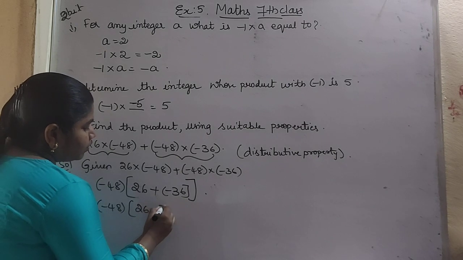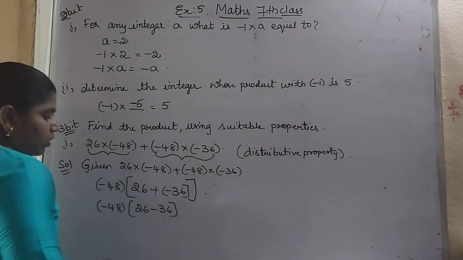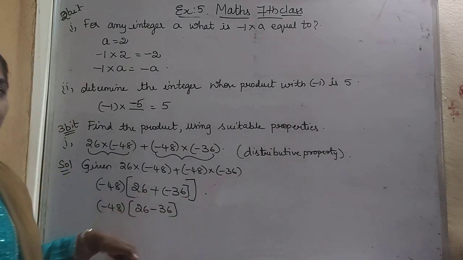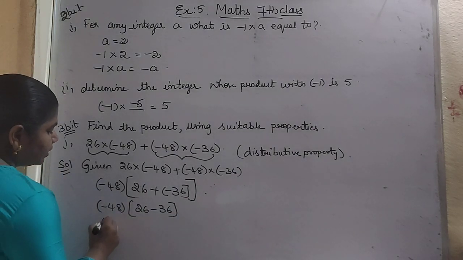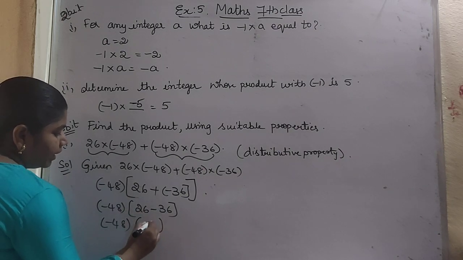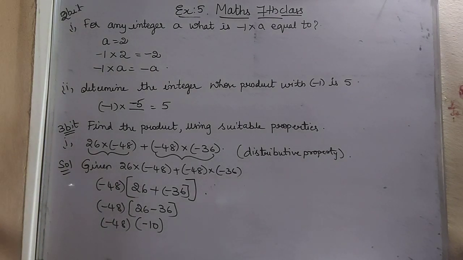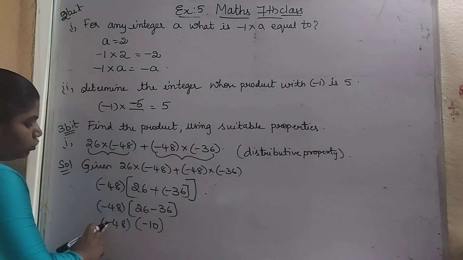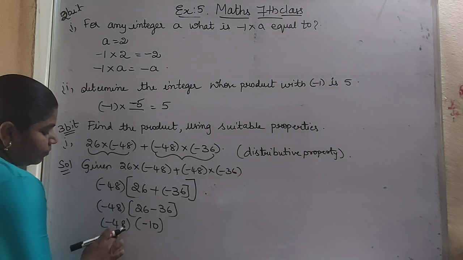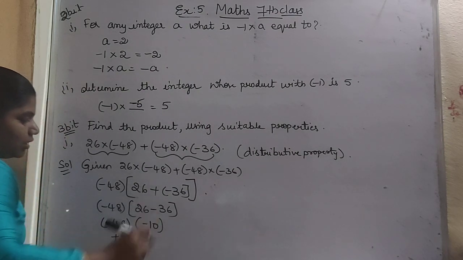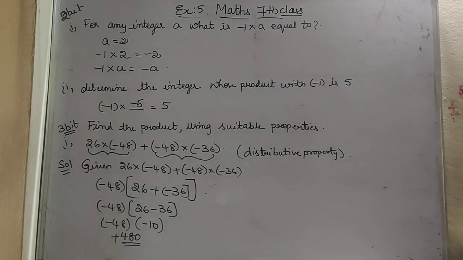Plus into minus is minus 36. From the smaller number, if you subtract the bigger number, the result will be negative. So 36 minus 26 will be 10. The bigger number's sign is minus, so that is minus 10. So minus 48 into minus 10 will be equals to, minus into minus is plus, 48 into 10 will be 480. So plus 480 is our result.